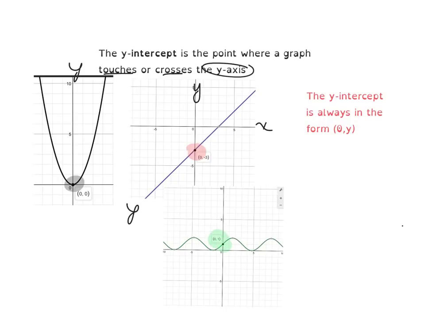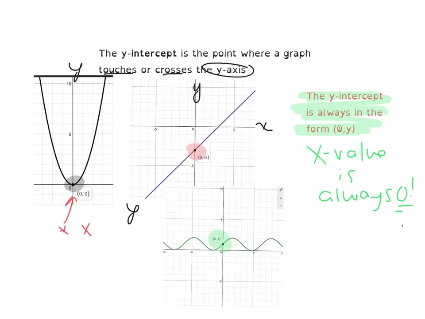So what's really important here is that we can see that every y-intercept is always in the form of 0, y. Or in other words, the x value is always 0.